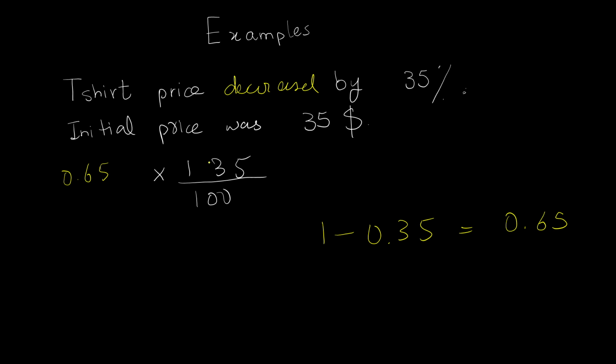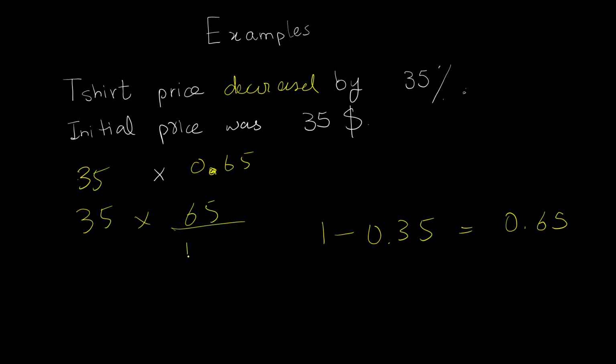The price was 35, so you multiply 35 with 0.65. And in the next step, you get rid of the decimal point, because the options have fractions and you just want to get an idea. Let's cancel it with 5. So 7 times 13 over 20. Look in the options and you will get the answer.